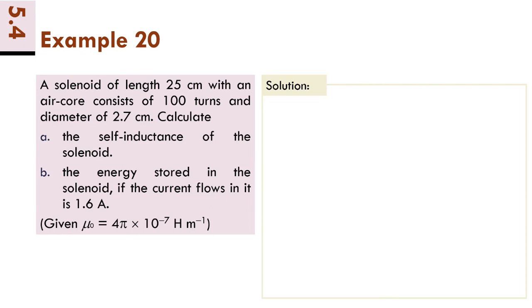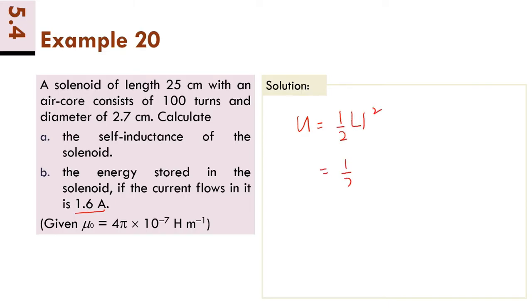20B. The question asks energy stored if the current flow in it is 1.6, so given I is 1.6 ampere. We know that U equals 1 over 2 L I squared.